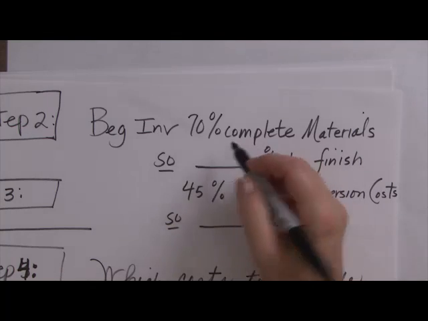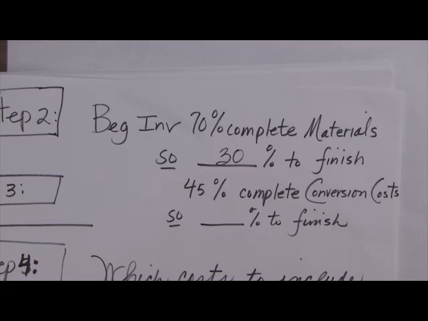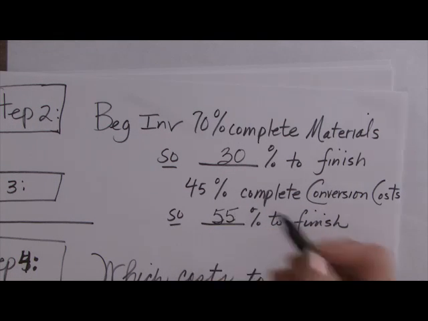So 70%, then we must have finished it by doing 30% more of the work. In regard to conversion costs, when it tells us it's 45% complete as to conversion, then to finish this beginning inventory, we had to do 55% of the work this period.